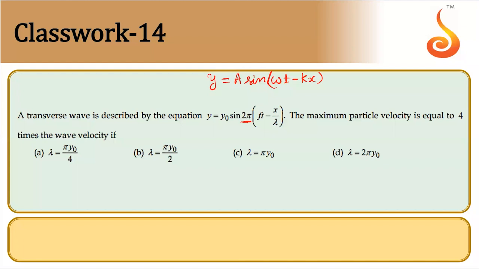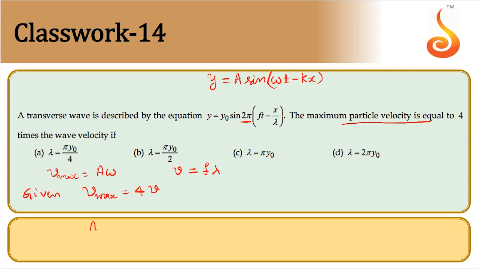So they have given maximum particle velocity is equal to 4 times wave velocity. Particles will execute simple harmonic motion, so maximum particle velocity should be a omega. And wave velocity is denoted by v, that should be f lambda. So it is given that v maximum is 4 times v.